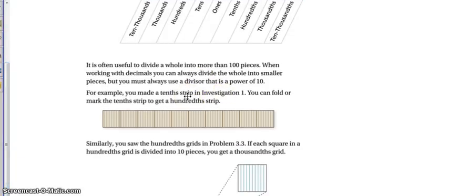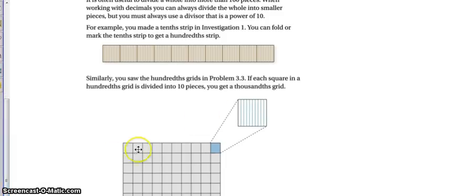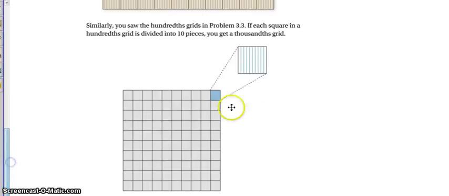When working with decimals, you can always divide a whole into smaller pieces, and you can always use a divisor that is a power of 10. For example, you made a 10 strip in investigation 1, you can fold that and mark it into hundredths. Similarly, we used those grids in problem 3.3, and so now we can divide each part of the hundreds grid into 10 pieces right here, like what is shown, and that gives us 1,000ths.